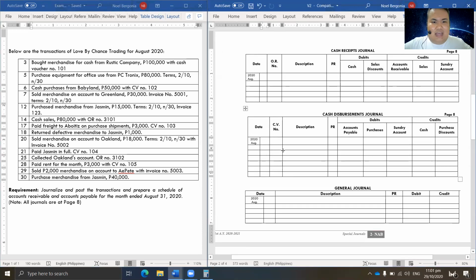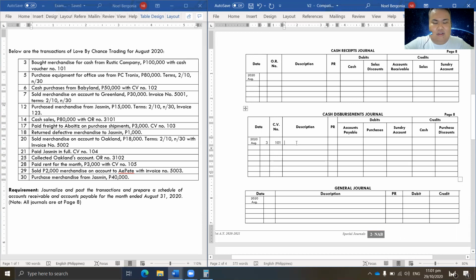We have the date, which is the 3rd of August, and the cash voucher number 101. I hope you can see what I am typing on the screen. Since this is a purchase for cash, there is no need for a description.